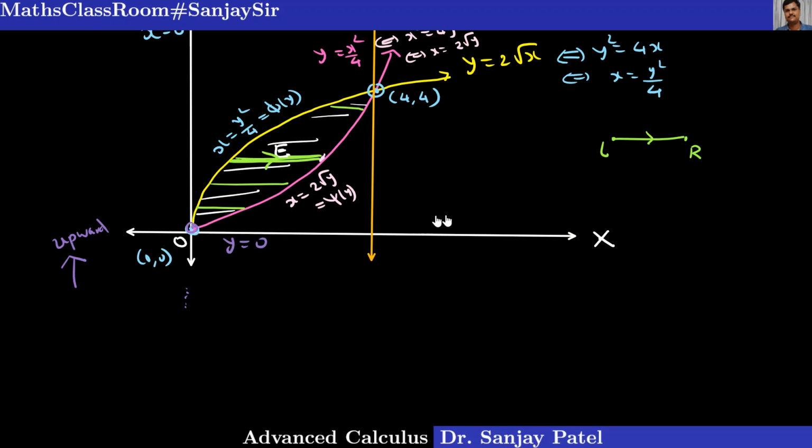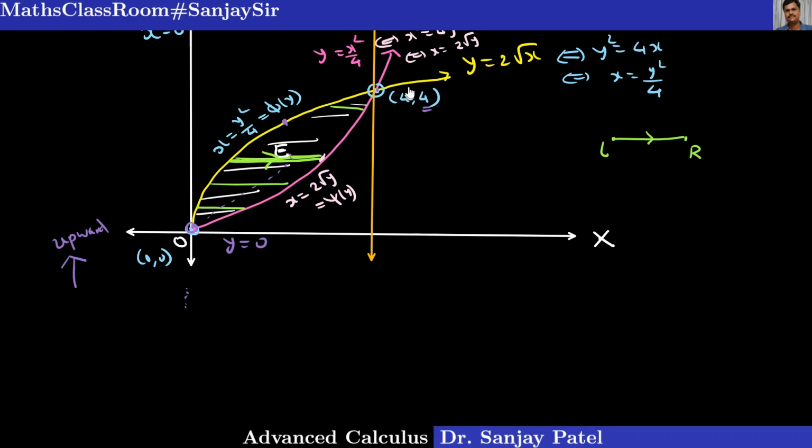So I can say this is y equal to 0, it is the x-axis. But when you exit the region, this is not the last point. The last point occurs at this place. This is the last point through which you can come out of the region. At this point, what is the value of y? That is 4.